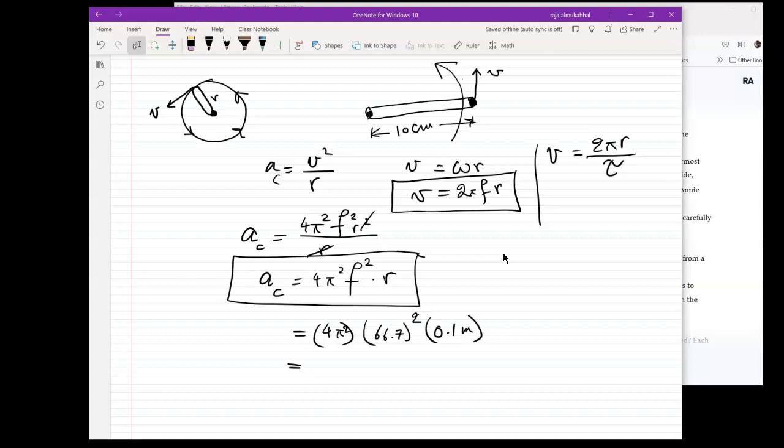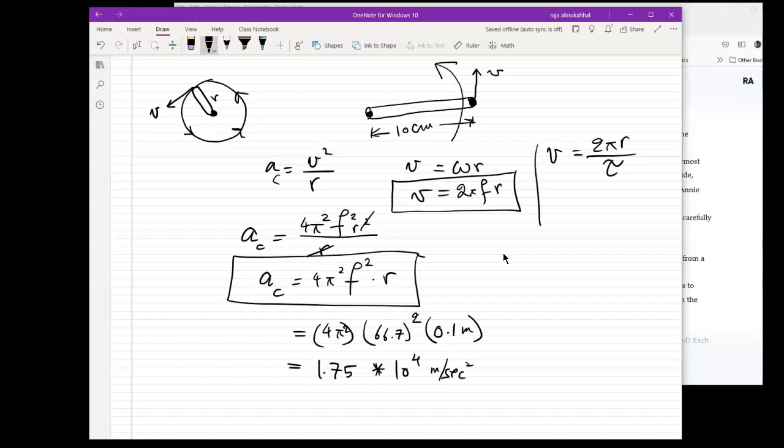So I got 3.14 times 4 times 66.7 times 0.1. If I did it right, I got 1.75 times 10 to the 4 meters per second squared.